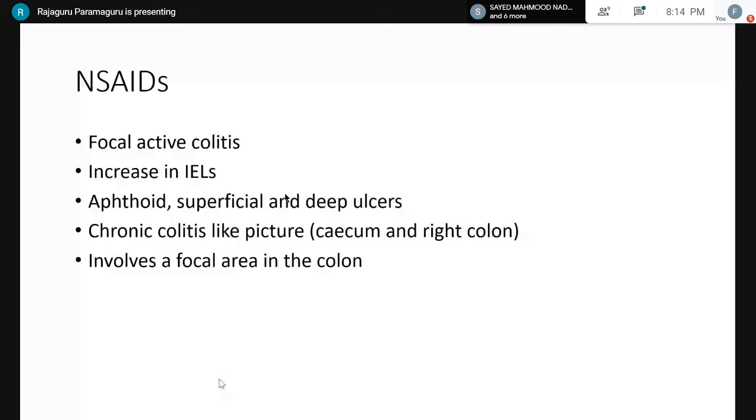We had a case, unfortunately I don't have the names for this, but it was having a typical chronic colitis picture with small granulomas in the biopsies. The clinician was saying that the clinical presentation is not like those, and he was very sure about that.